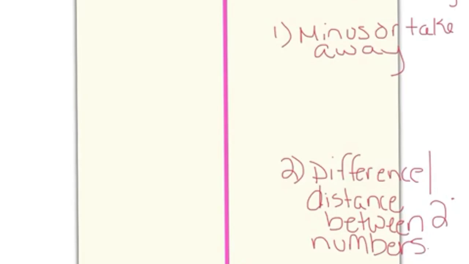For example, for minusing or taking away, you could say that 10 minus 7 equals 3. That is a subtraction problem. Let's show that as a distance between 2 numbers on the number line. Let's start here with my 0.